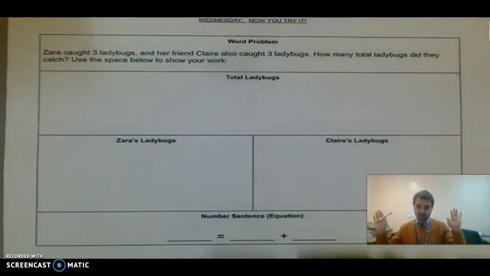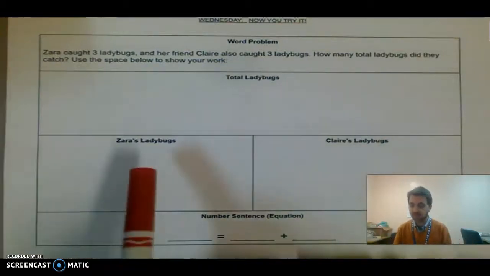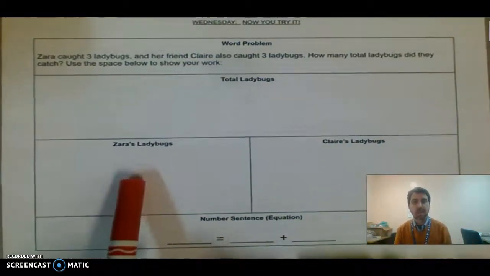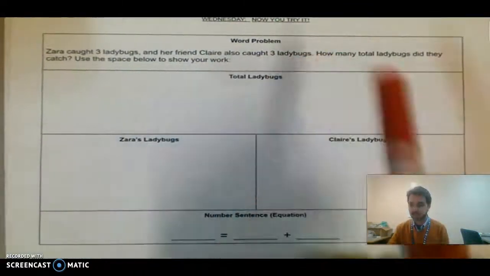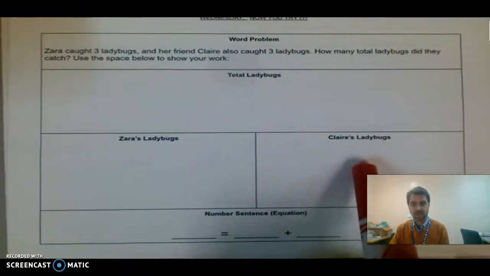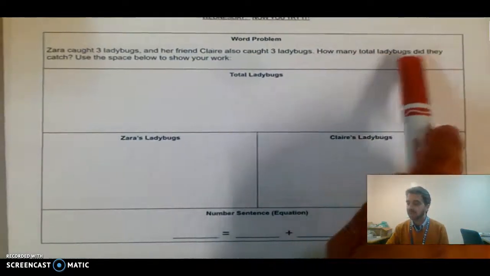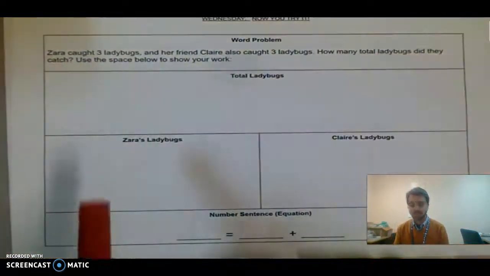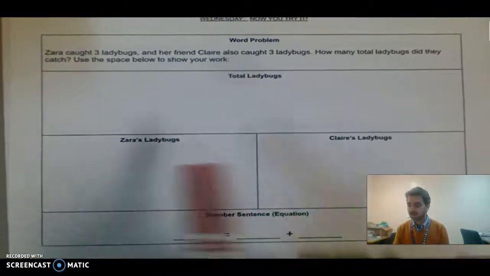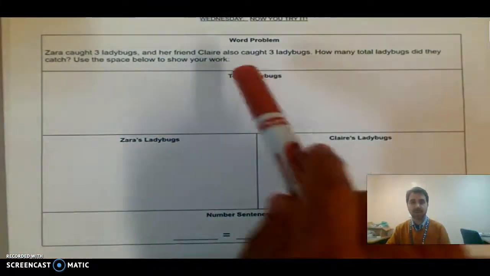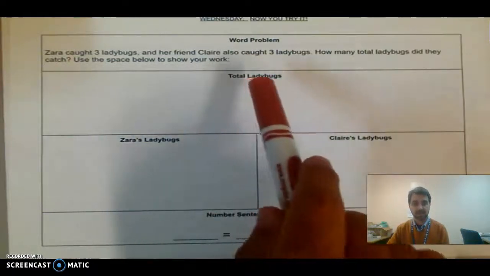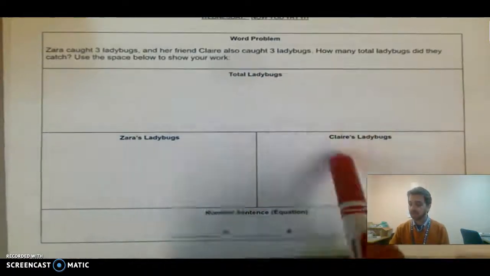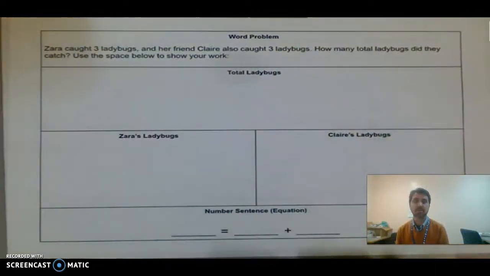Okay, now don't get fooled. It's the same idea, right? 3 ladybugs. Here's Zara's ladybugs. And her friend Claire also caught 3 ladybugs. Oh, okay. So she also caught 3 ladybugs. How many total ladybugs did they catch? So use your connecting cubes, okay, and put them together to find out how many they caught together as a total, okay? And make sure you write your numbers and your equation the same way that I did it.